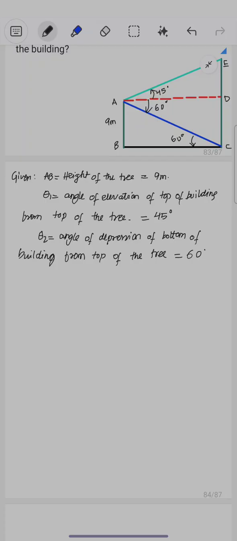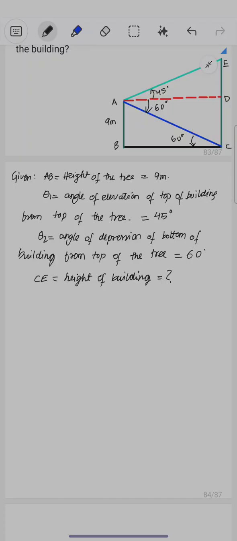If you know how, the height of the building is the height CE. So C equal to the height of the building, question mark.